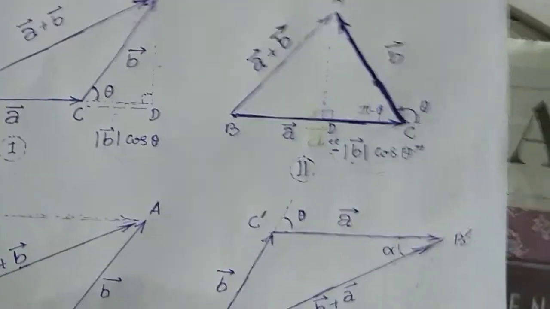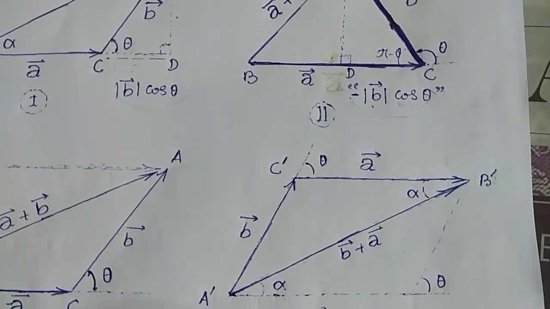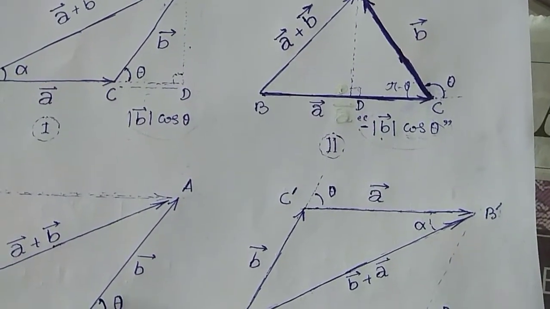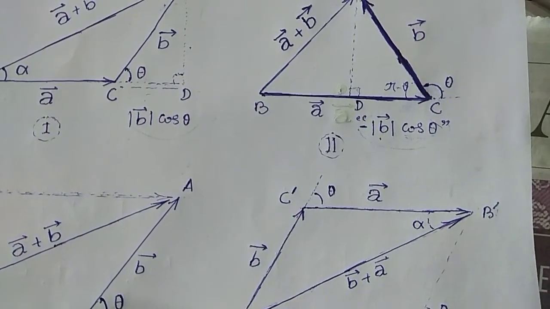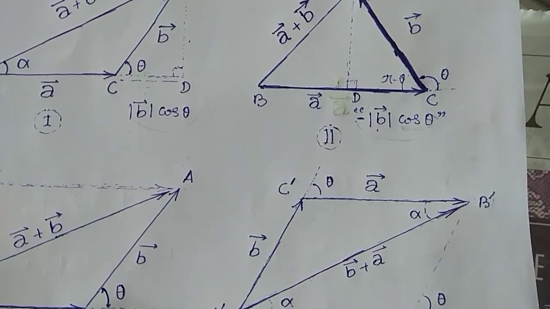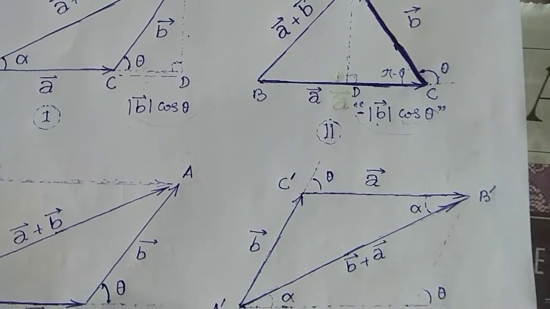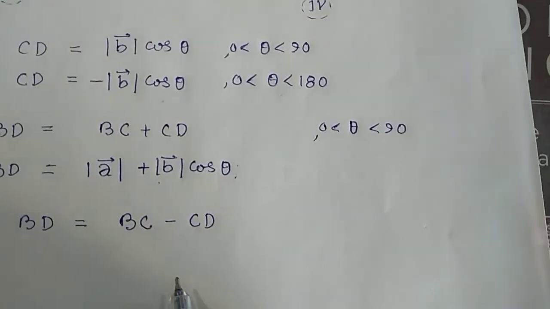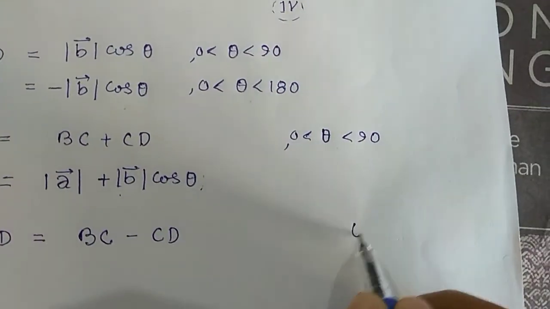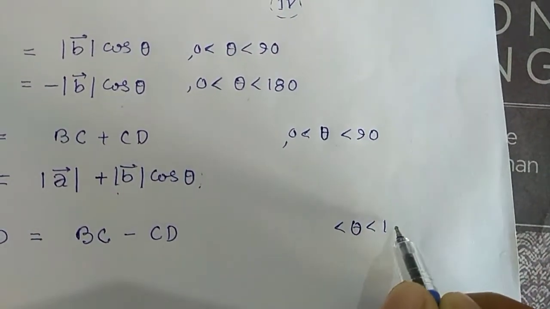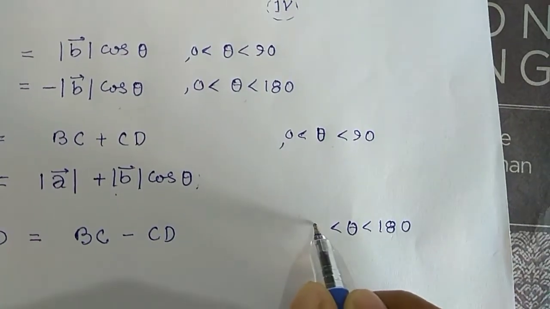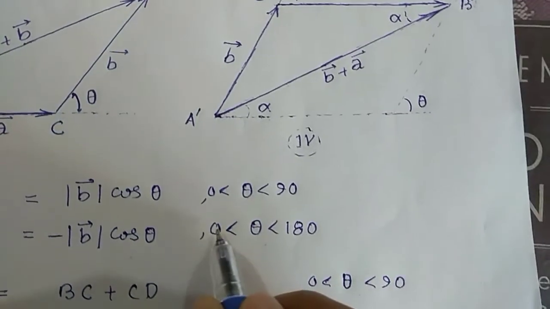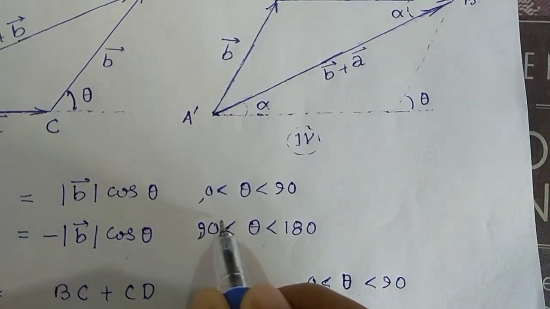In figure 2, you see here BD is actually BC minus CD, for figure 2, that is, if theta is an obtuse angle. Sorry, here I am missing the 90 degrees.